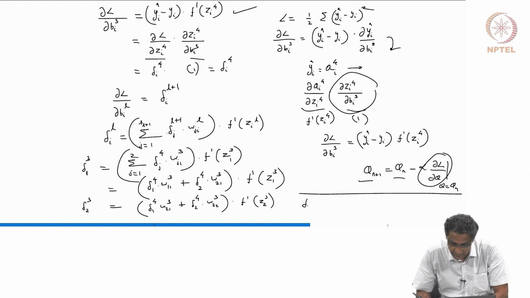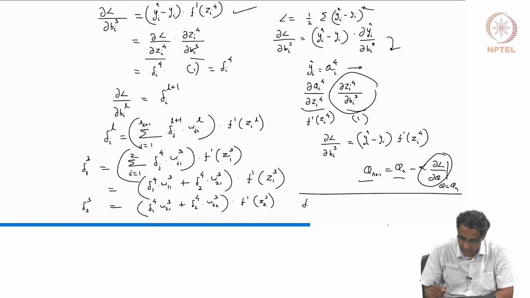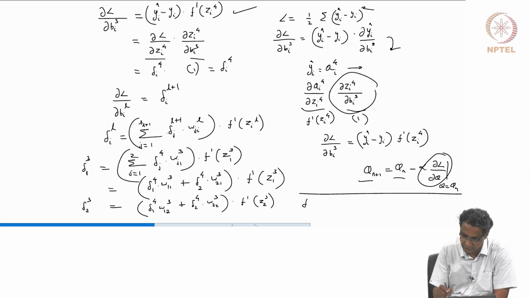Sorry, what happened? The delta j equal to 1 to 2, j is 2. Oh, no, one minute, this should be the other way around. W i is 2, therefore this will become W 1 2 3 and this will become W 2 2 3, correct. Because j is inside, j is summing over 1 and 2, that is standard, but i is what is changing from here to here.